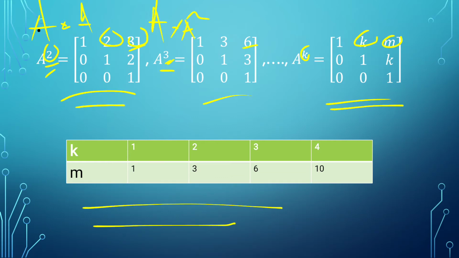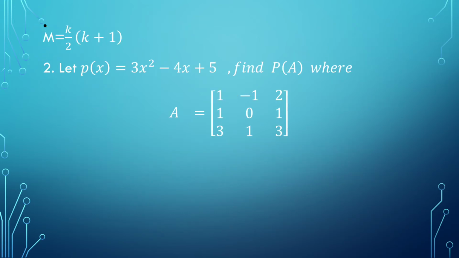So when k is 1, m is 1. When k is 2, m is 3. When k is 3, then m is 6. And when it's 4, then it is 10. So let's look at this relationship. What do we see here? We see that we can write m in terms of k, and this relationship will be actually true.